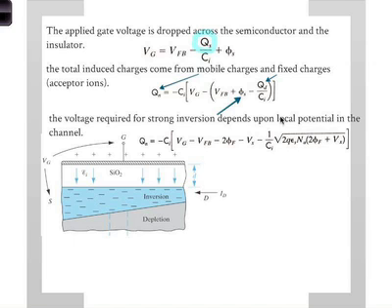Now let's think about the last term here. The last term here is very straightforward. It's just how much depletion charge is there locally in the channel. Of course, that depends on the width of the depletion region in the channel. And clearly from the picture, you can see the depletion region is wide here, and it gets thinner as you get close to the source. And that's, of course, because the reverse bias across that junction is getting smaller. Here is more reverse biased, whereas here is less reverse biased, because of Vx changing.